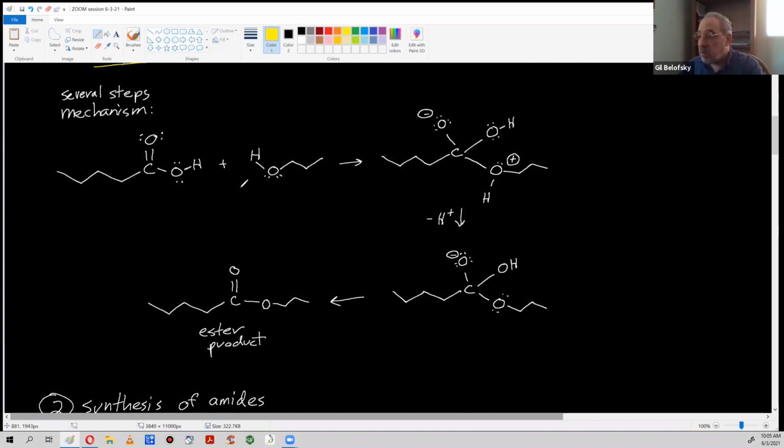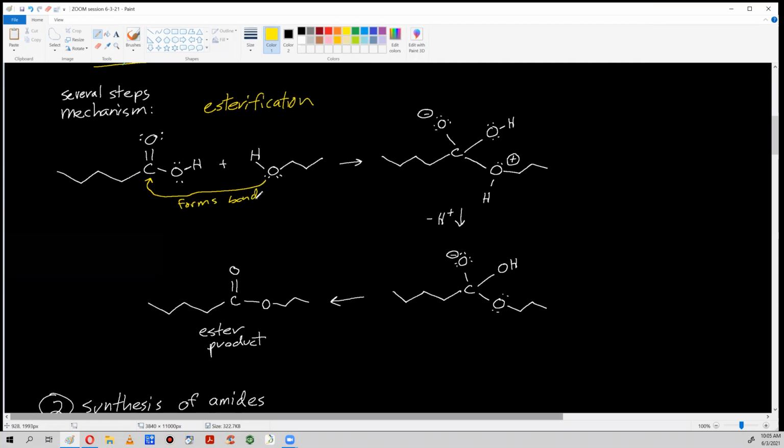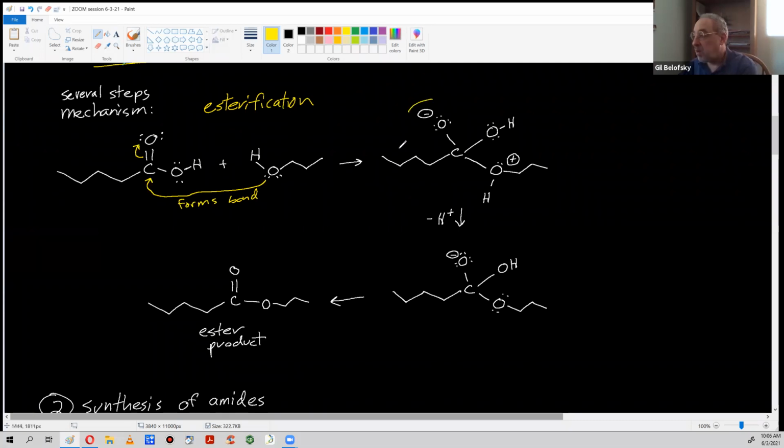So adding that little breadth and depth, the mechanism of esterification is first initiated by the alcohol oxygen lone pair, one of them, forming a bond. And then that displaces electrons up onto this oxygen, which then, having extra electrons, becomes a negative oxygen.